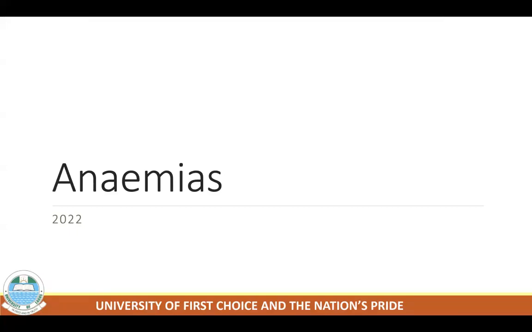It's a disease of nutrition as well as a disease of chronic durations. So you find that a lot of people with infections that affect nutrition or poor nutritional status have features of anemia.